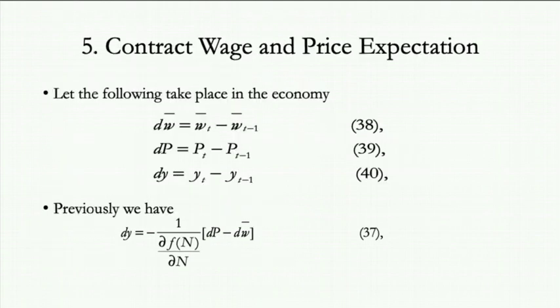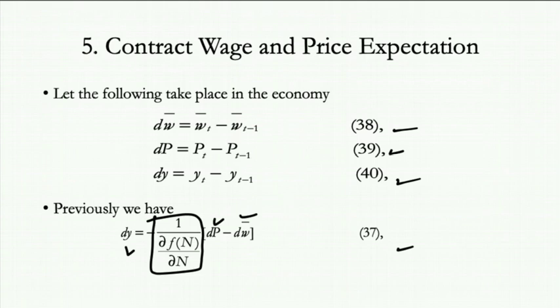Next, we want to look at the contract wage and also price expectation. So what we need to do is let the following take place in the economy. D wage bar is the difference between the current contract wage and the last year's contract wage, and this is 39. DP is as usual, you have seen this before. DY is as usual, you have seen this before. We also did this just now, 37. So you see here a minus sign. We have this number 1, number 2, number 3, number 4.